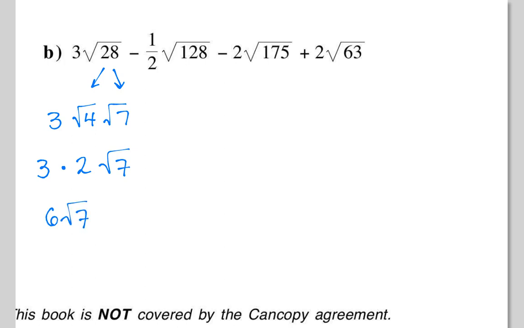Now I'm going to switch color. Let's try the next one. The 128, I actually have no clue about this one, so I'm just going to use my calculator. A 4 works because it ends in an 8. Is there a better choice? When you divided it by 4, what did you get? Do it with me, please. 128 divided by 4. 32.